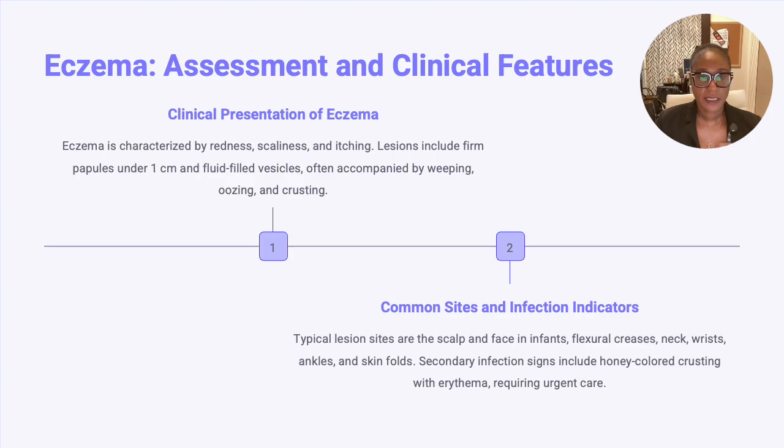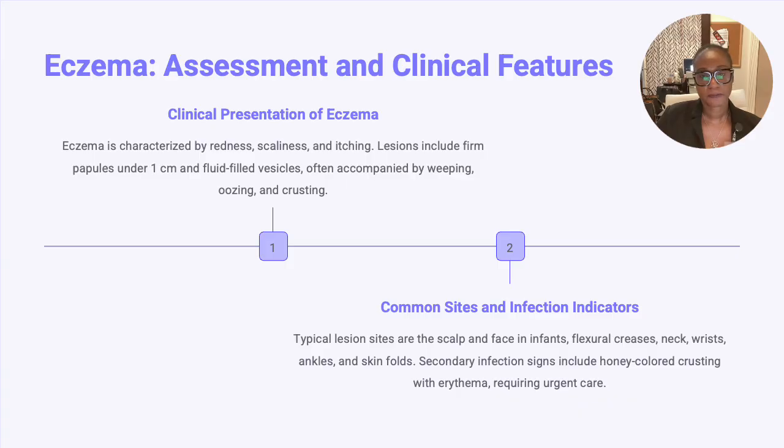So some assessment and clinical features for presentation. Eczema, as we know, is characterized by redness, scaliness, and itching. Lesions include firm papules under 1 centimeter and fluid-filled vesicles, often accompanied by weeping, oozing, and crusting.